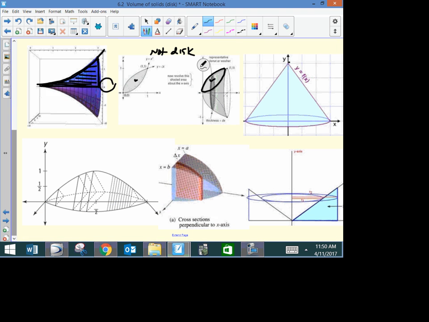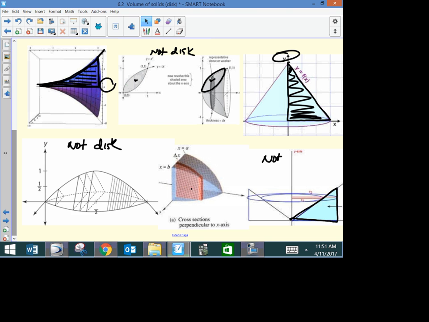Here's your original figure. And this time we took this area and where did we rotate it? Around the y-axis. Okay. All right, this is not a disc, and this is not a disc. Here is the original area. This is not going to be a disc either because there's going to be an openness there.